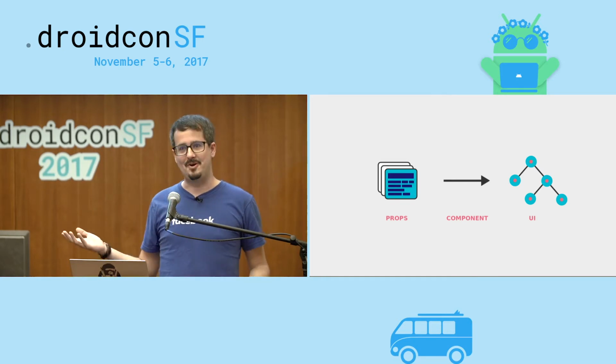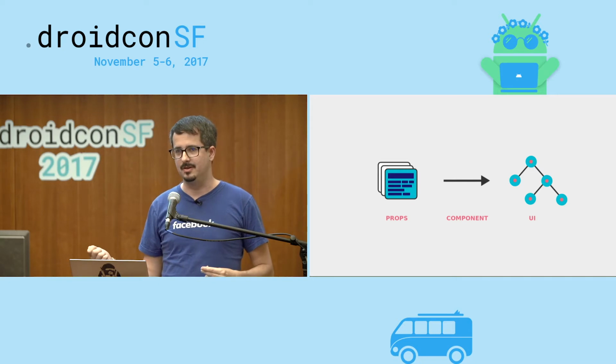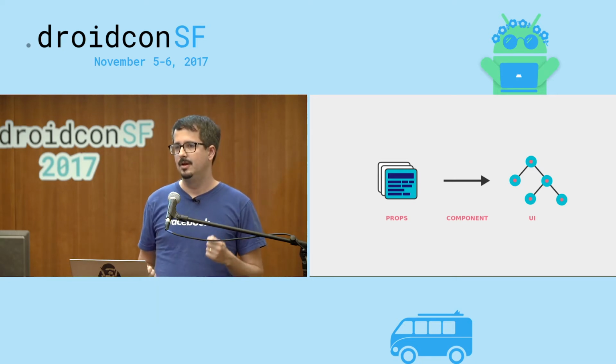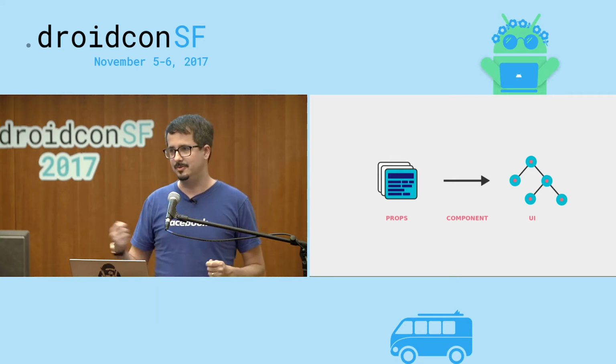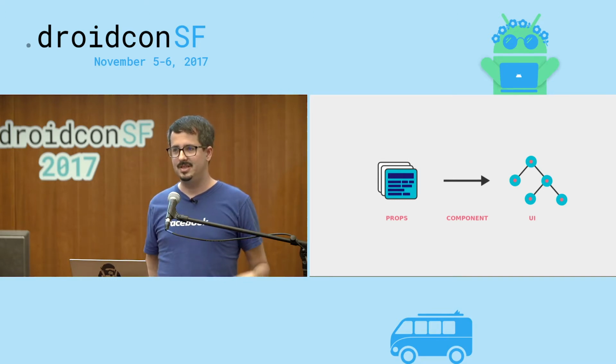And that's the liberating part of it, because you don't have to care about, oh, something happened. What is the state of that view? Oh, if this is something, then I do that. If not, I do this. The React programming model is basically, give me the inputs, I generate the tree again.